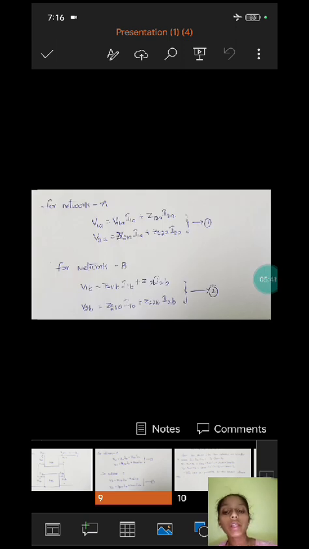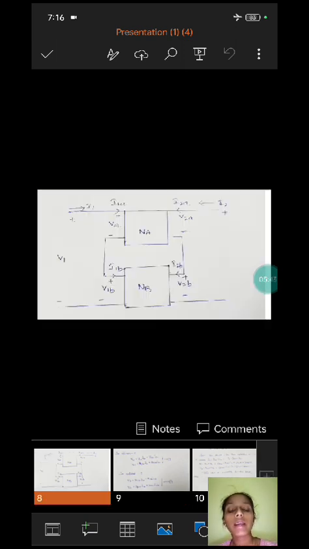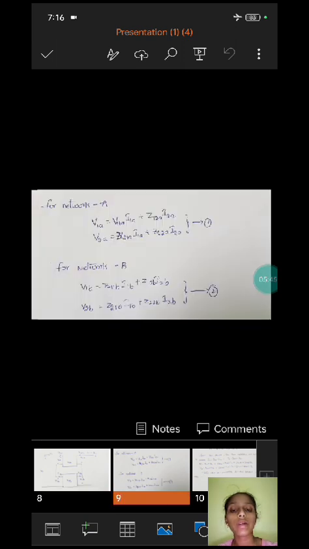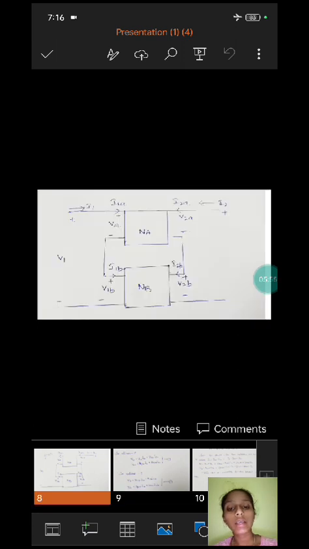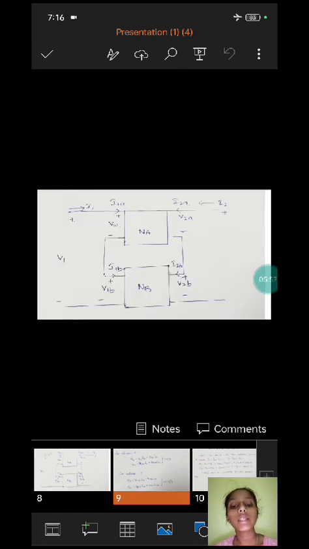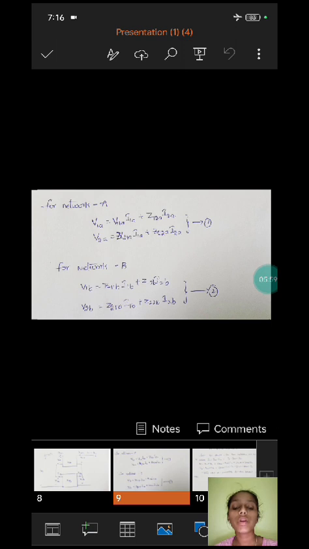First of all, from network A, V1A is equal to Z11A I1A plus Z12A I2A. And second, for the same network, we can write another equation: V2A is equal to Z21A I1A plus Z22A I2A.